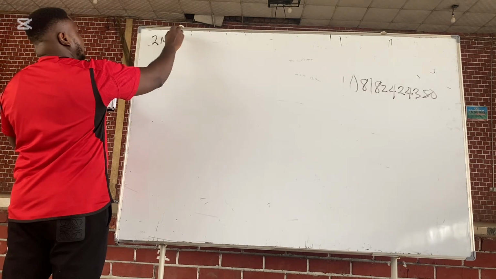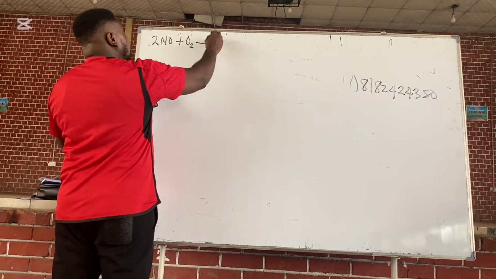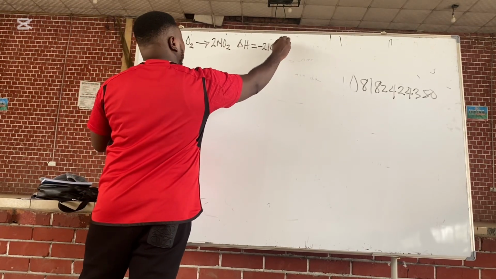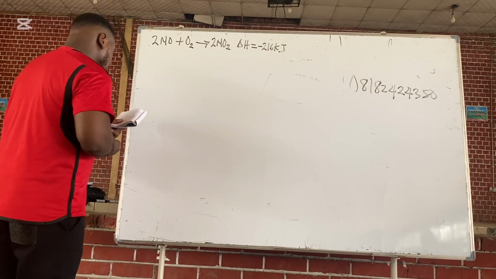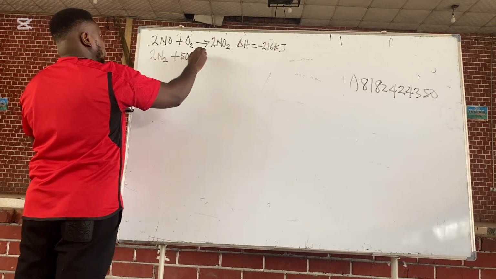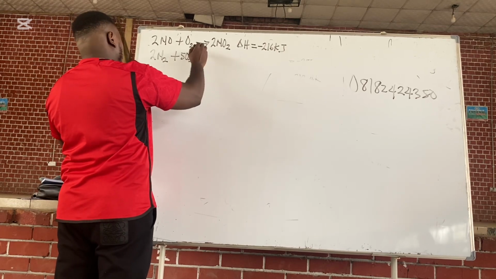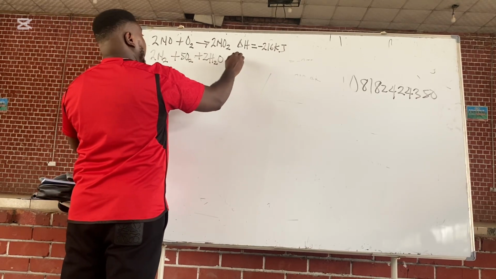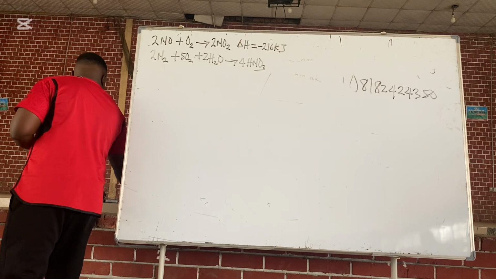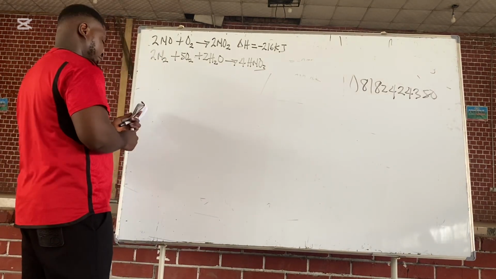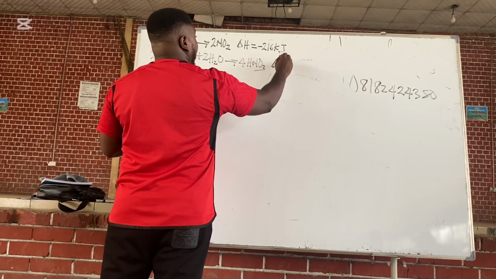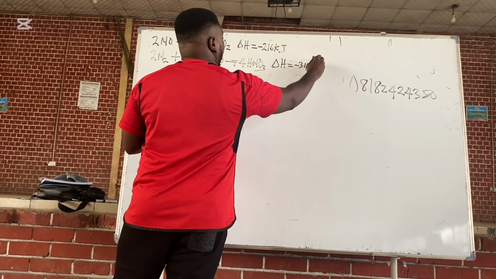2NO plus O2 to give 2NO2, enthalpy change minus 216 kilojoules. 2N2 plus 5O2 plus 2H2O to give 4HNO3, enthalpy change minus 346 kilojoules.